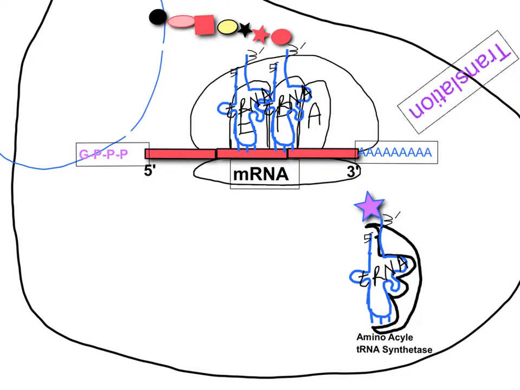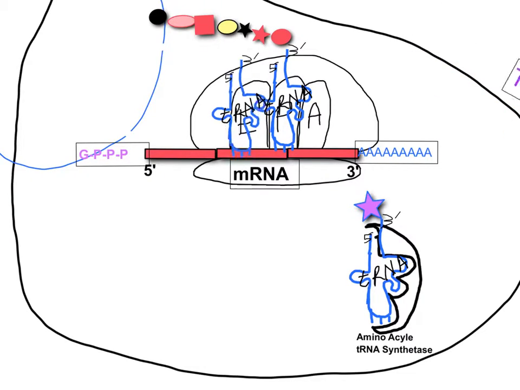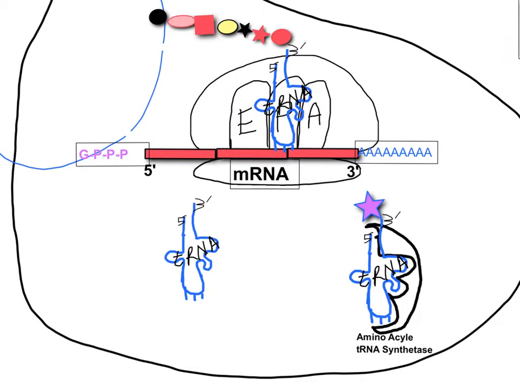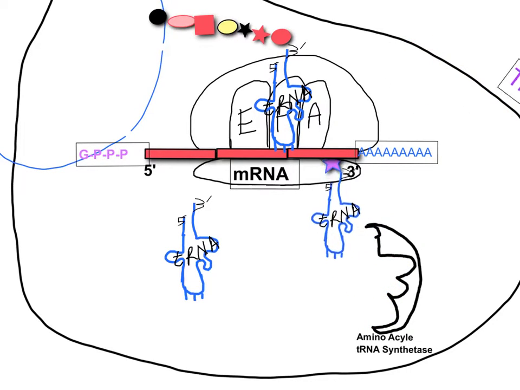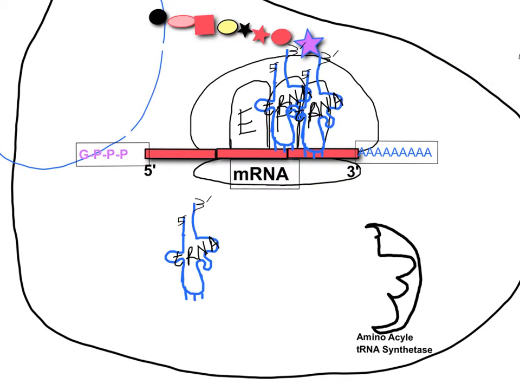Now the transfer RNA present on the E site will leave, and a transfer RNA which has taken an amino acid with the help of an enzyme will come to the A site.